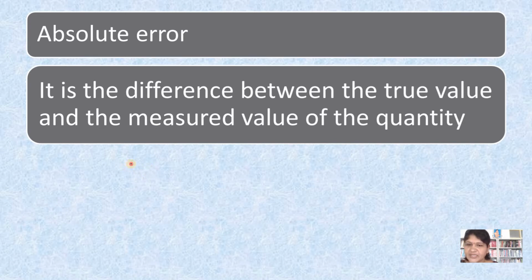Absolute error is denoted as del A, which is equal to the true value, denoted as A, minus the measured value, denoted as AM.